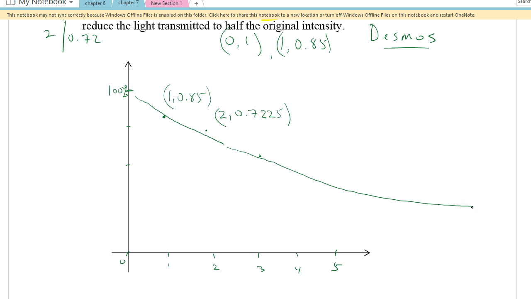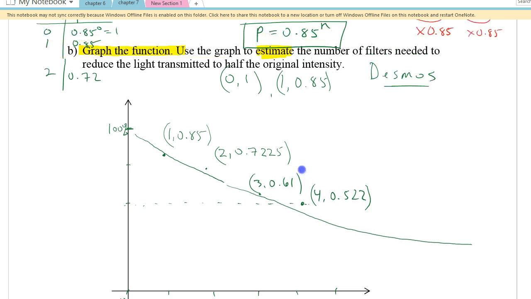And at what point does it hit 50%? So this one here was 3.61, and if I multiply that times 0.85 again, I get 4.52. So my graph is a little bit off, 4.522.